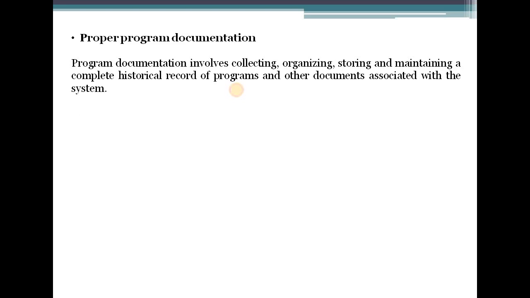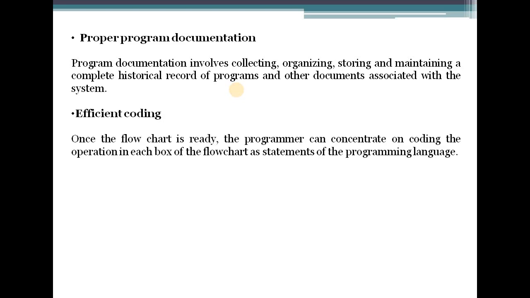The next advantage is efficient coding. Once a flowchart is ready, programmers find it very easy to write the corresponding program because the flowchart acts as a roadmap for them. It guides them to go from the starting point of the program to the final point without omitting any steps. Next is systematic debugging.